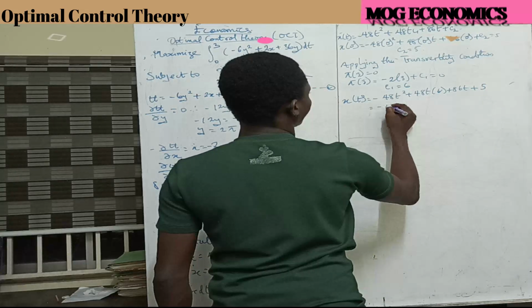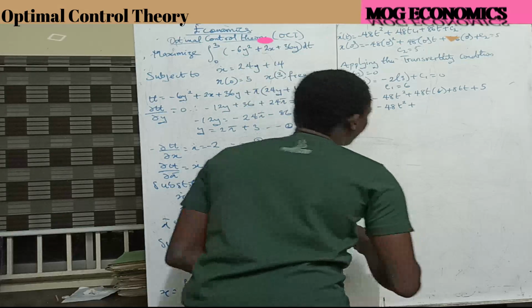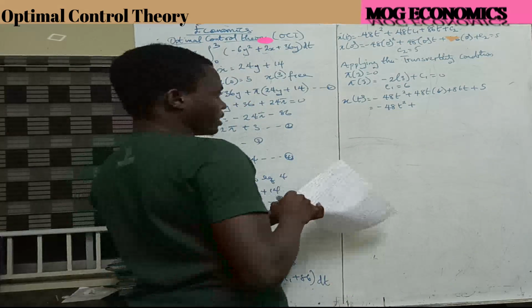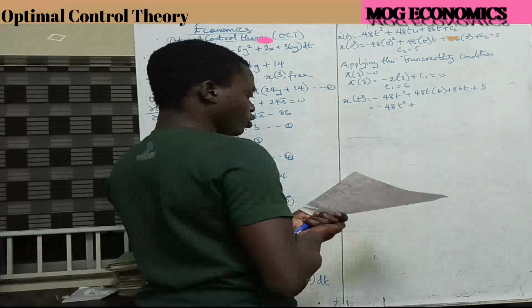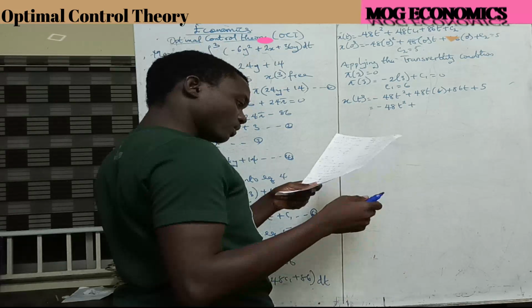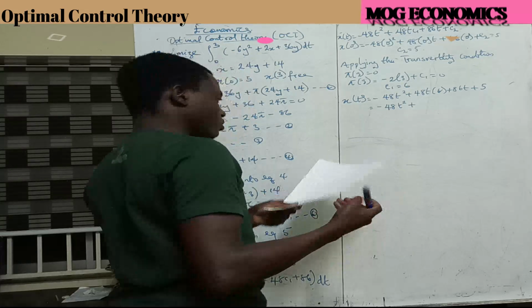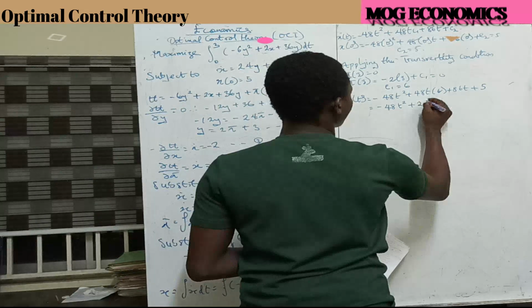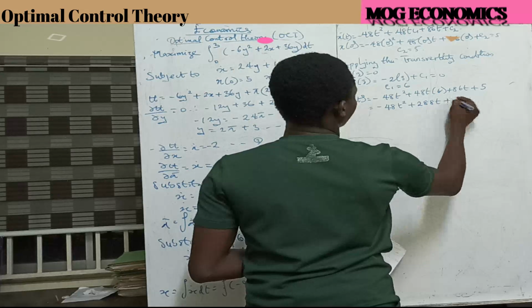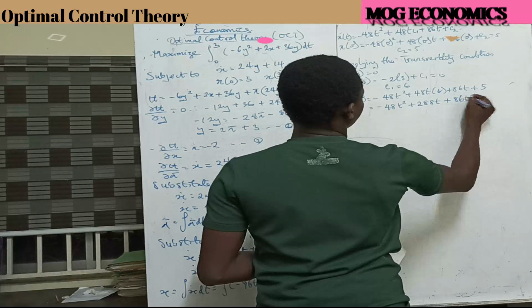So we have minus 48t squared plus 48 times 6, which is like 24 times 12, that should be 288t, plus 86t plus 5.